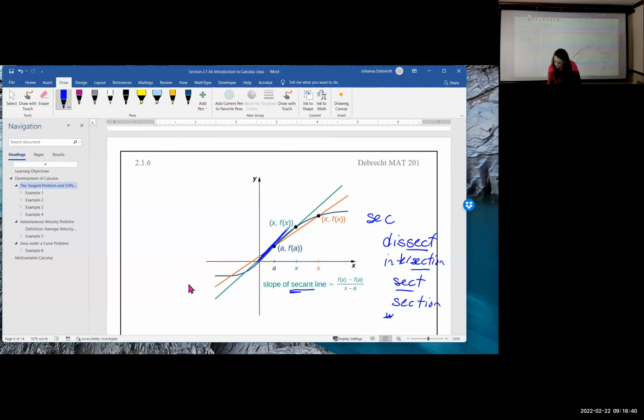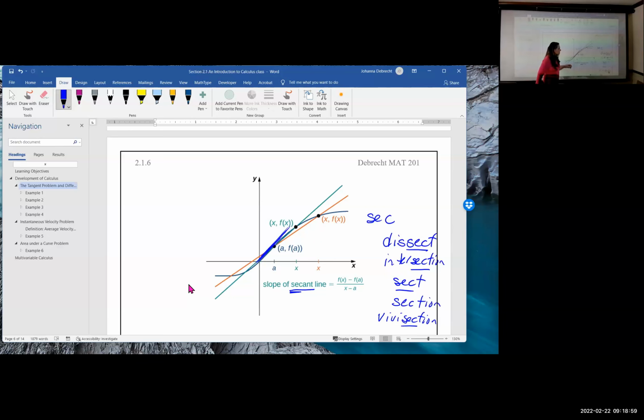Oops, I can't get my eraser to work. All these things mean to cut up, all right? So when you think about the secant line, it is cutting across the graph at two different points.